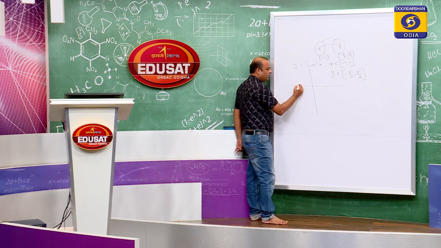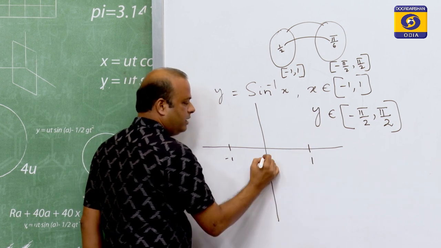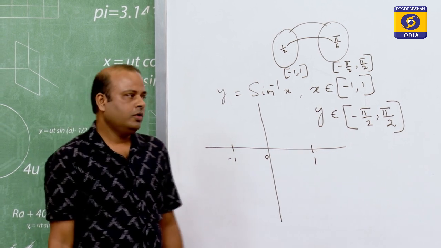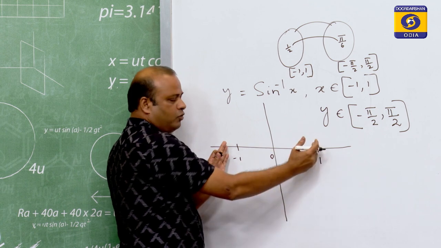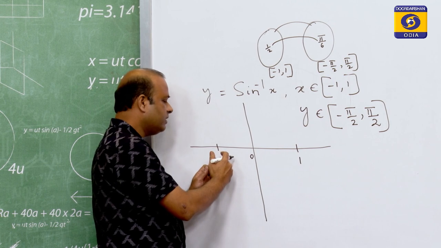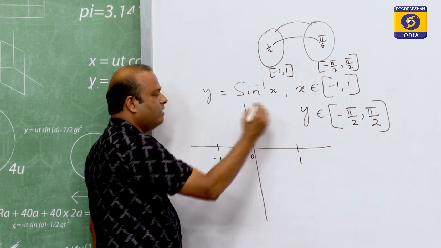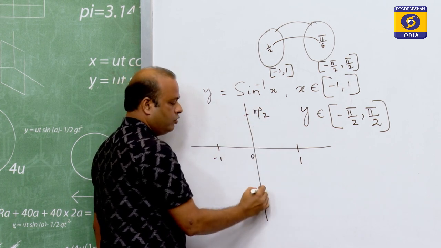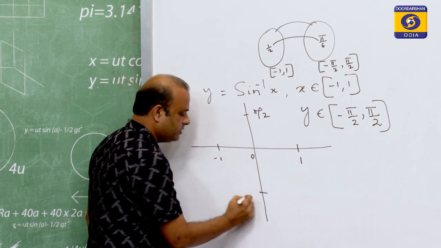So, here minus 1, here plus 1, here it is 0. So, the value of x lies between minus 1 to plus 1. Similarly, the values of y lie between pi by 2 to minus pi by 2, right.